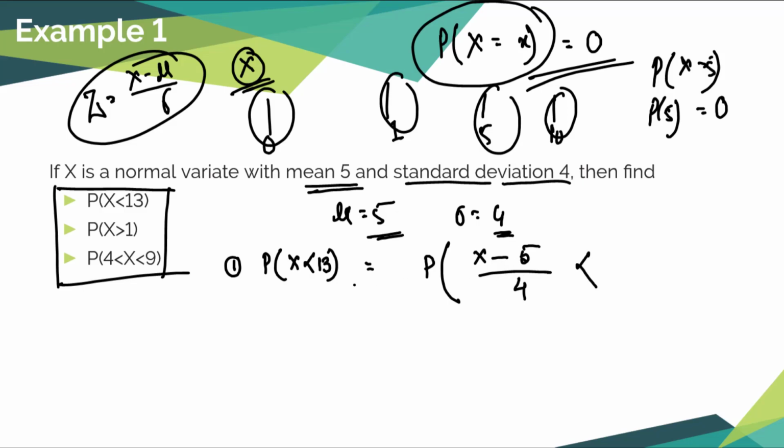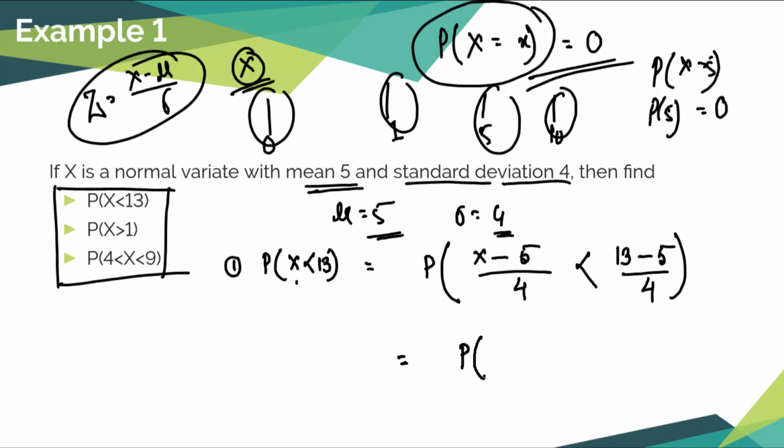So if you apply a transformation to your left hand side, the same transformation also applies to your right hand side. Otherwise the inequality does not hold. So 13 minus 5 divided by 4. Right?